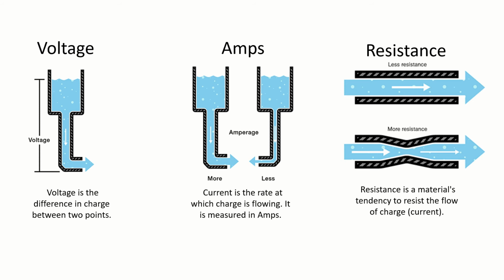So if we imagine that electricity is water, and the flow of electricity flows like water. No more than water flows through a pipe, electricity flows through a wire or a cable. And I suppose the best way to think about these things is to think about voltage, on the left hand side here.